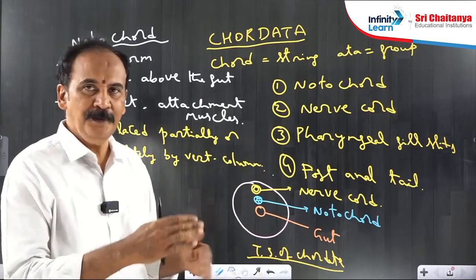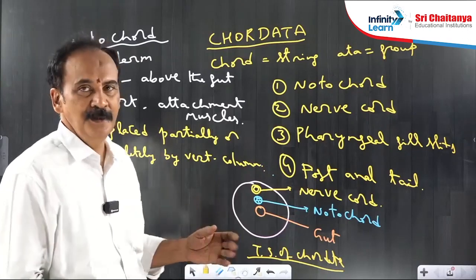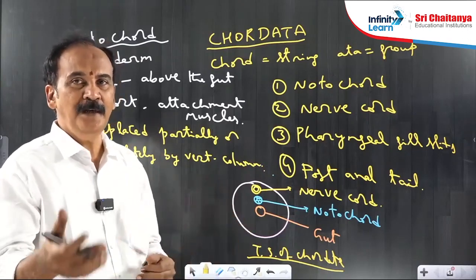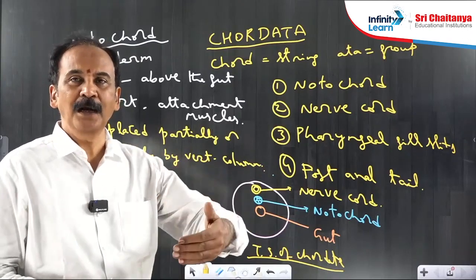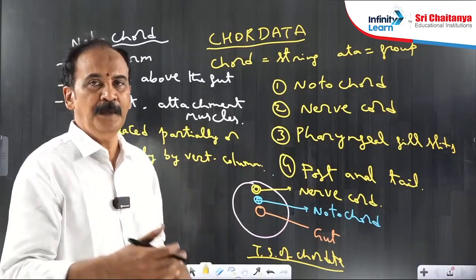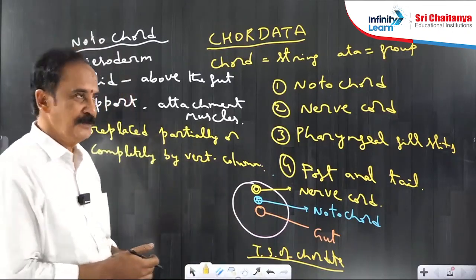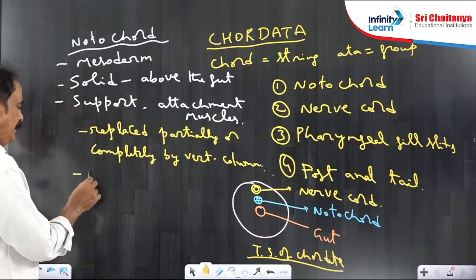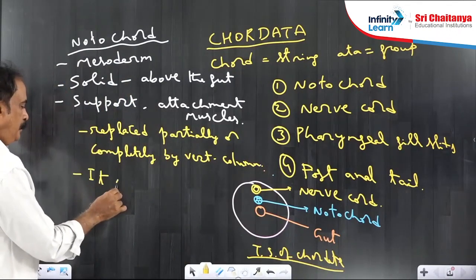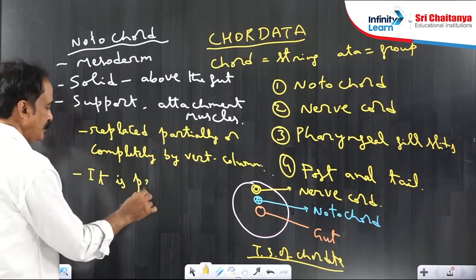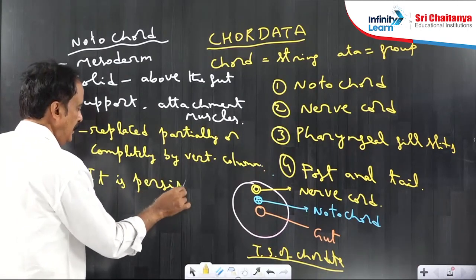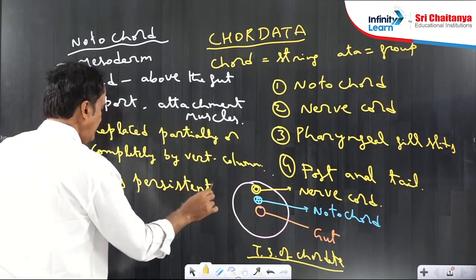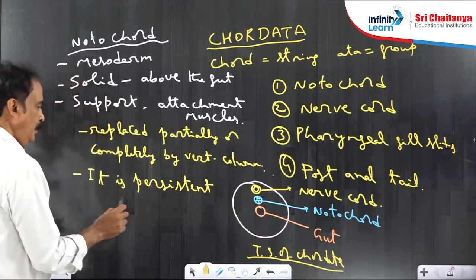Either it gets replaced completely or partially, and this vertebral column may be made up of cartilage or it may be made up of a bony structure. And the notochord is persistent. This is important. That means it is present throughout life.